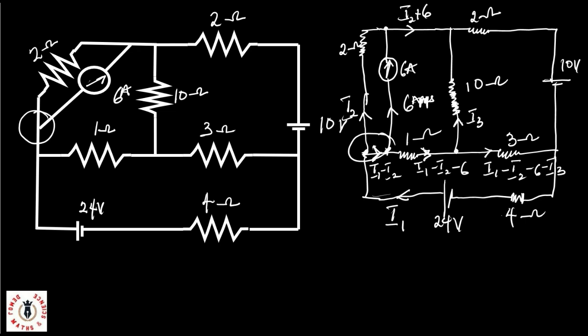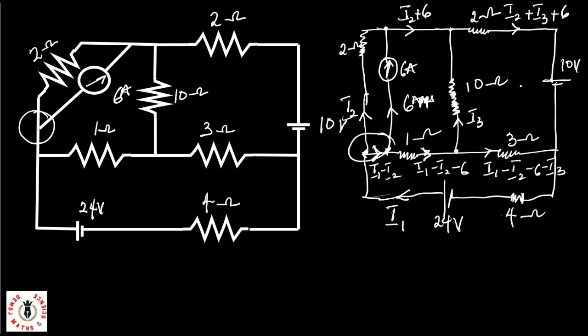So that at this node, I have I2 plus 6 flowing towards this node. So that on this line here, what I have will be I2 plus I3 plus 6.